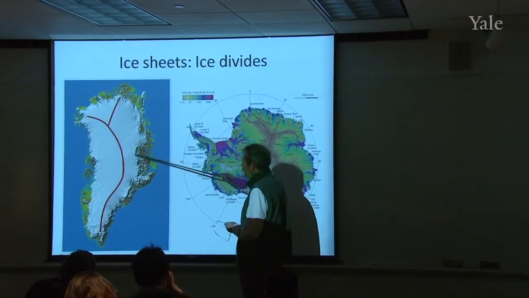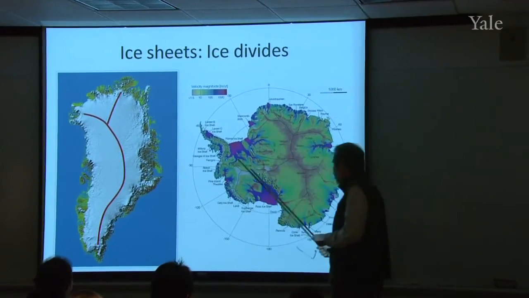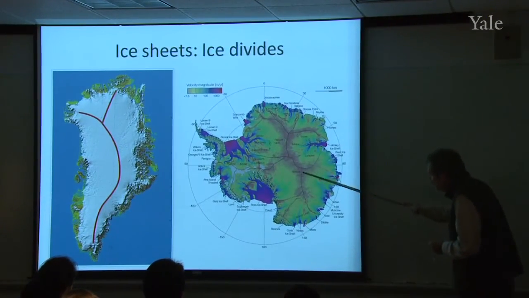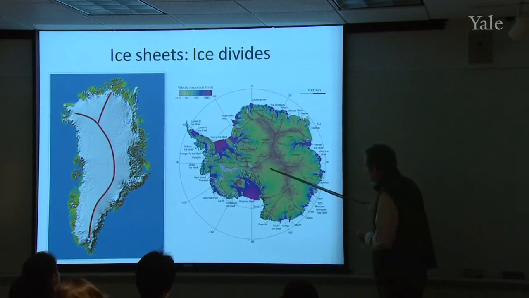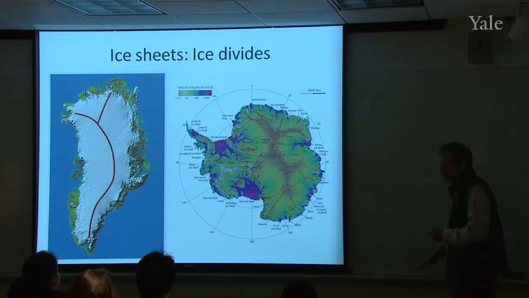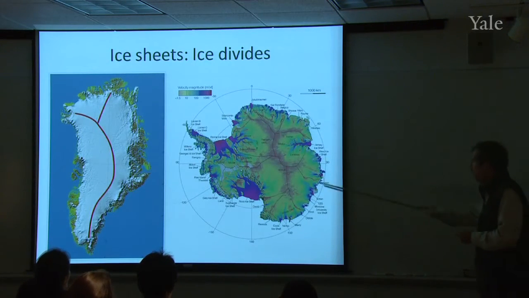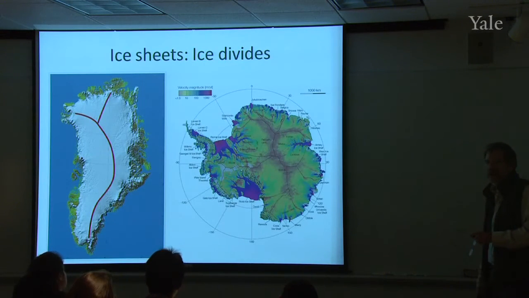Snowflake that falls there will be squeezed out towards the east coast and the north and so on. And Antarctica has similar divides. They're drawn here. There's quite a number of them actually, but each snowflake will be squeezed out ultimately towards one part of the coast or the other, depending where they fall relative to these ice divides. Any questions on that?